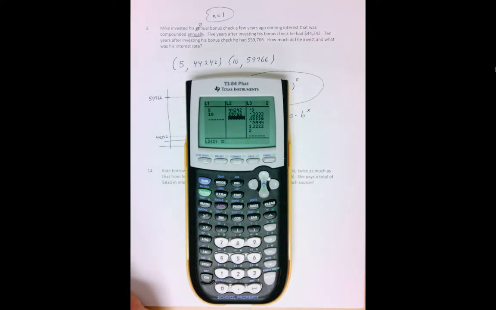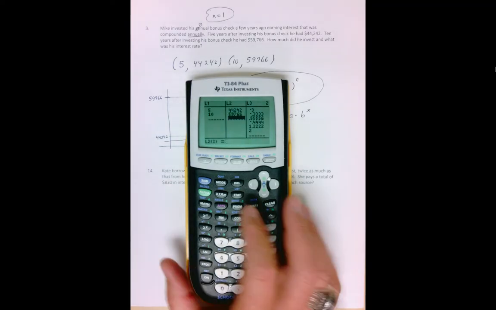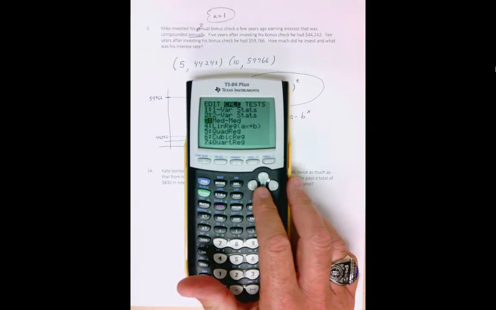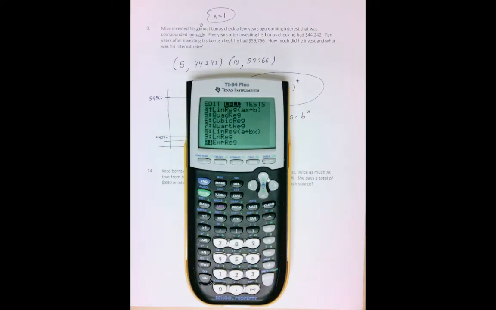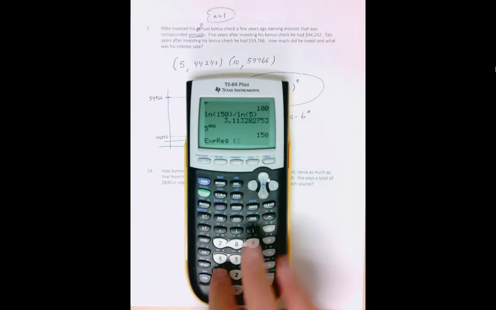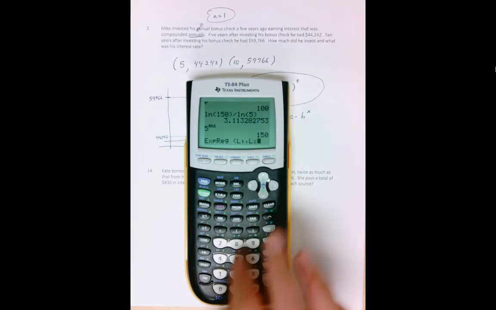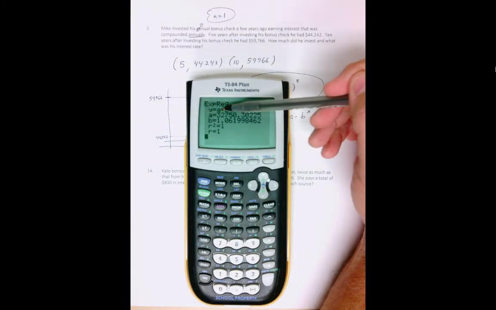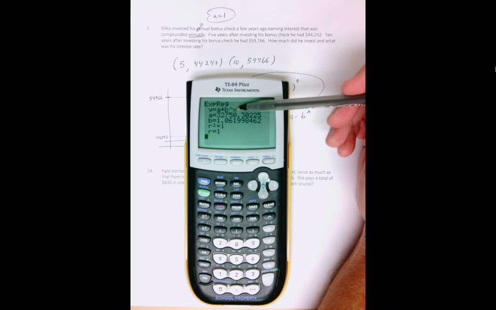All right? Is that right? Yeah. So we'll go to Stat, over to Calc, and come all the way down here and try to find where it says Exponential Regression. I want to put in L1, comma L2. And I'm going to get my answer in the form of A times B raised to the x power.